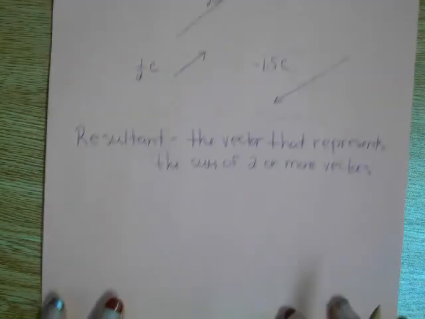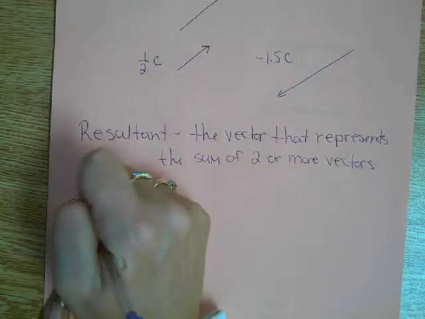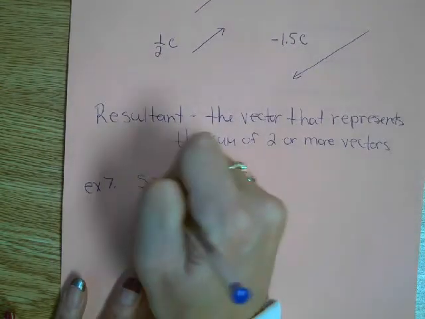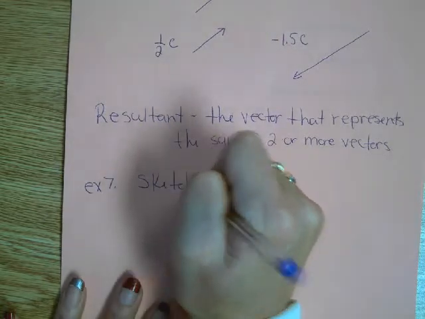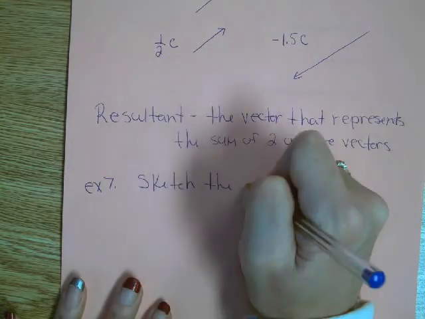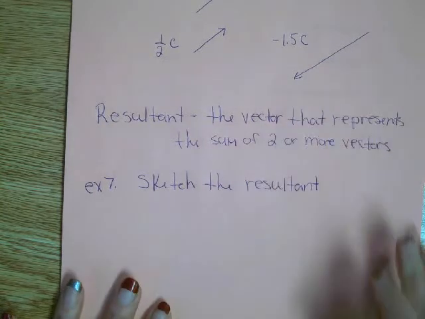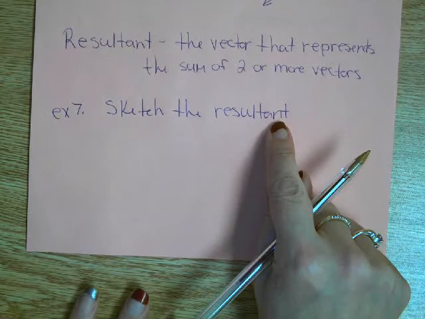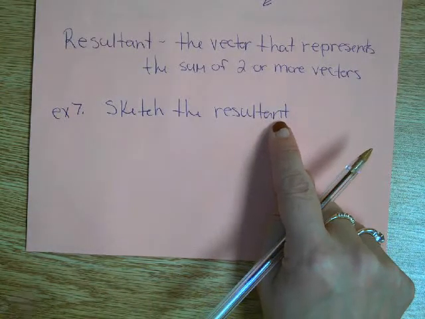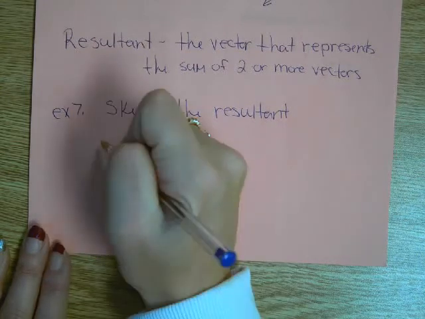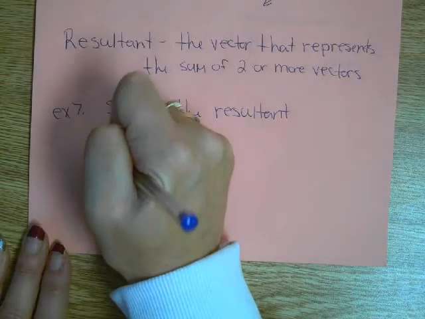Okay, so sketch the resultant. So you've got to know that resultant means I've got to add two vectors together. So here's what we know. Another way to give magnitude is to put it in absolute value bars.